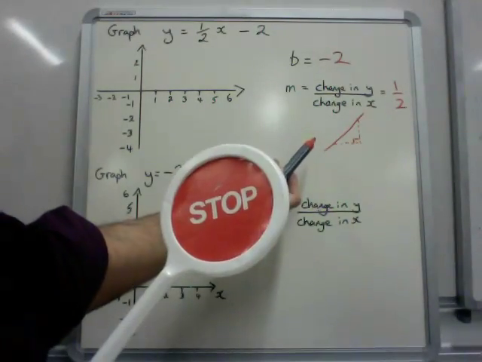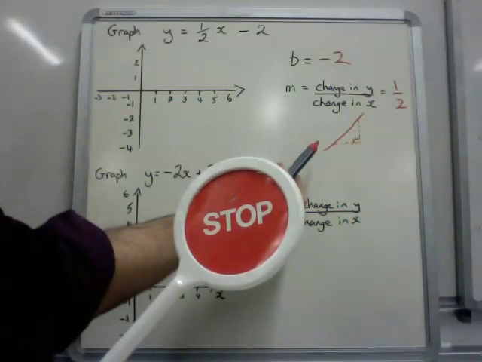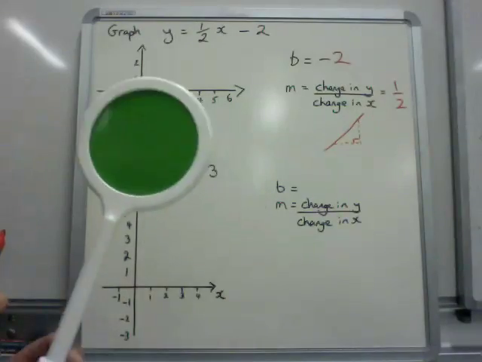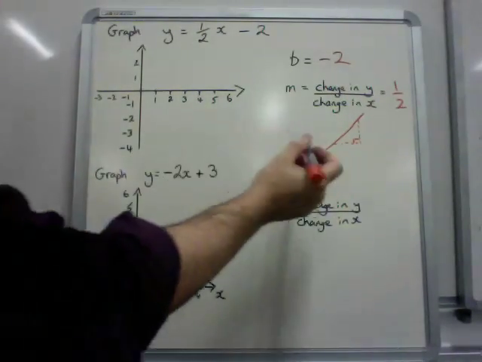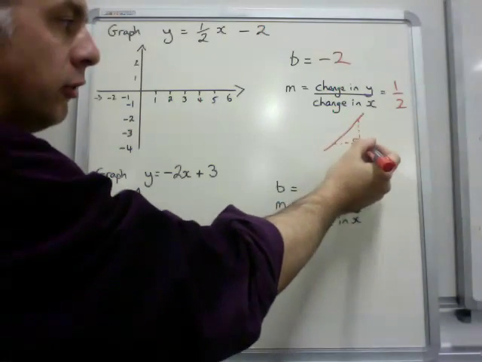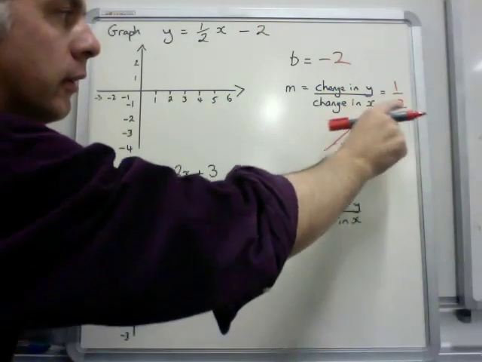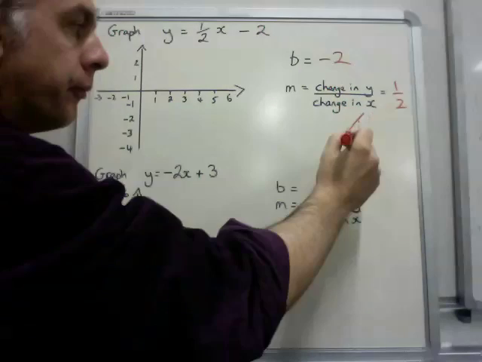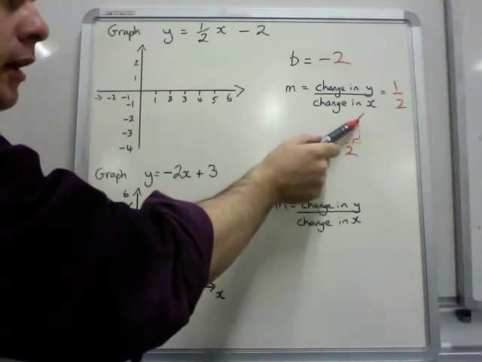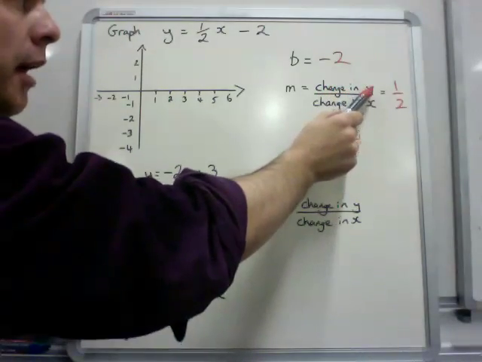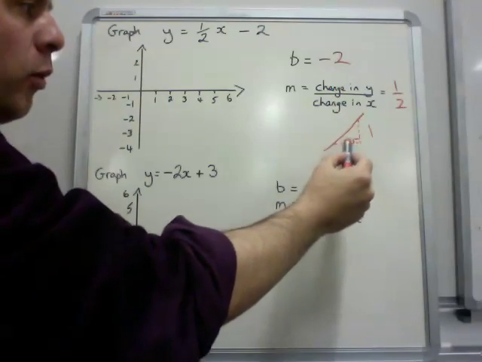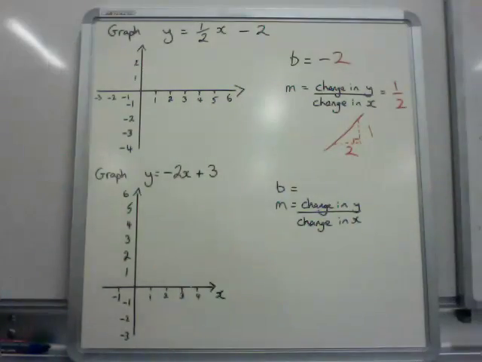Stop the video and see if you can get an answer. You ready to go? Let's see if you're right. The number you should have put here is the change in x direction number, which is 2. So I think it's quite obvious now that this is the change in the y direction, and that number is 1. So this is the step pattern we're going to use to help generate all the points.